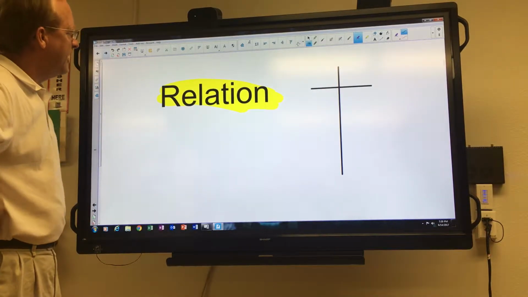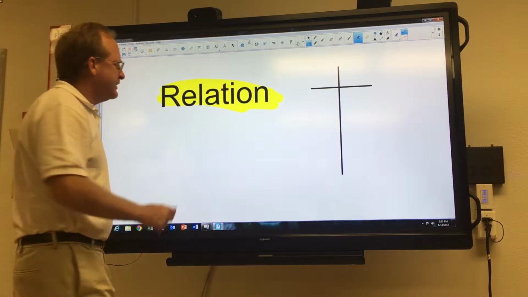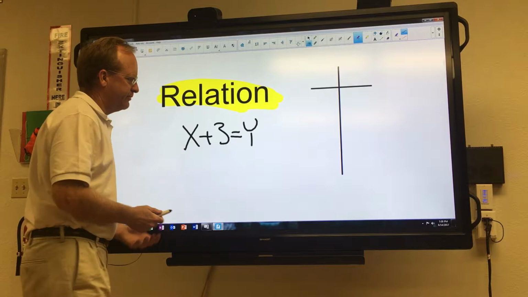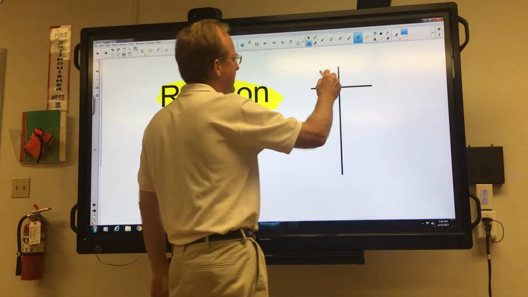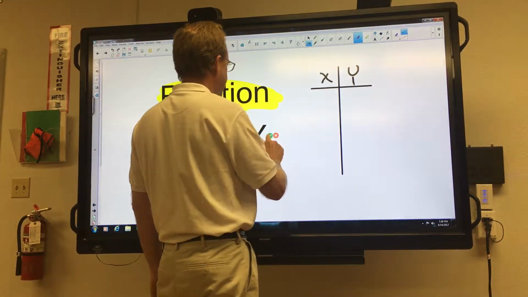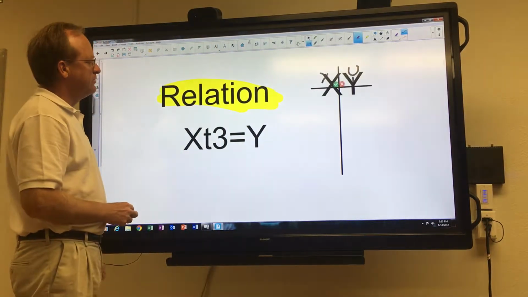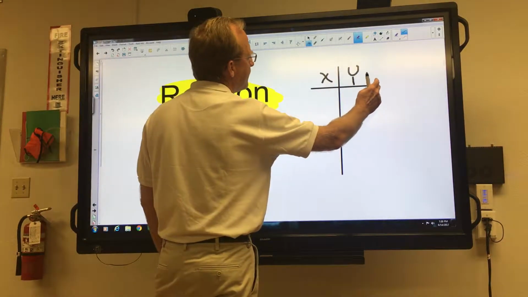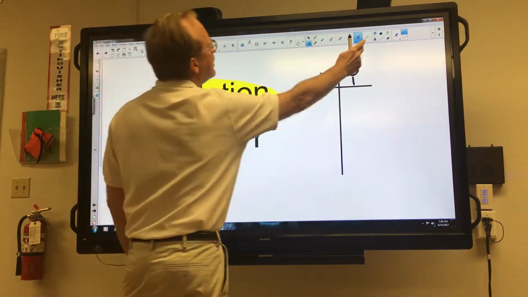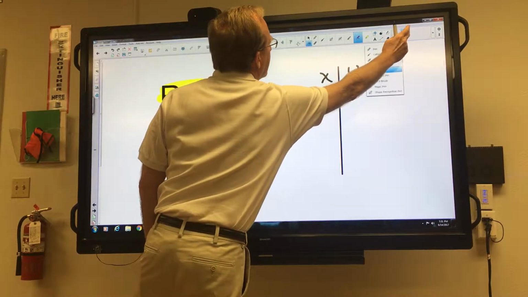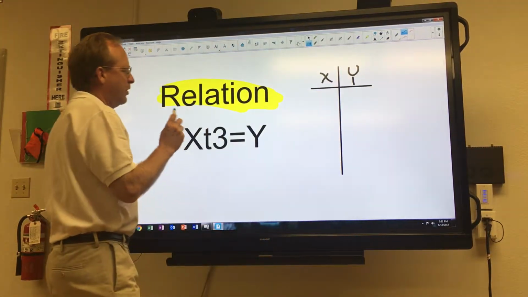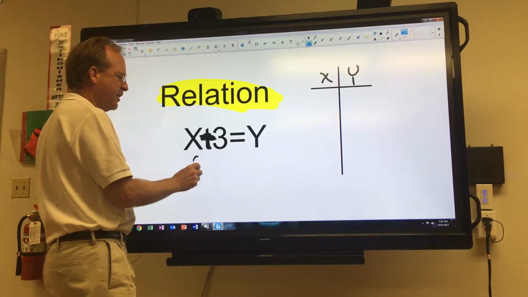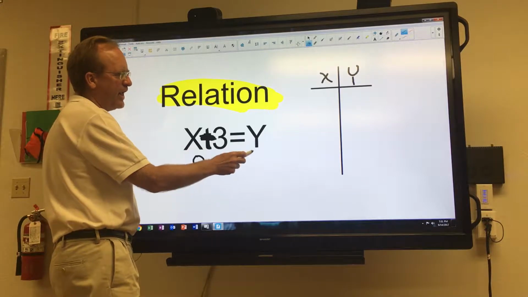Okay, what is that? Well, let's take x plus 3 is equal to y, okay? And we'll put x's on this side and y's on this side. Now, we could put a number in here, that's an input, and we're going to get an output on the other side.